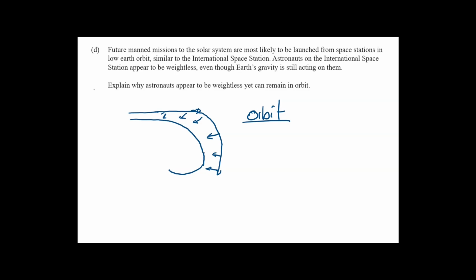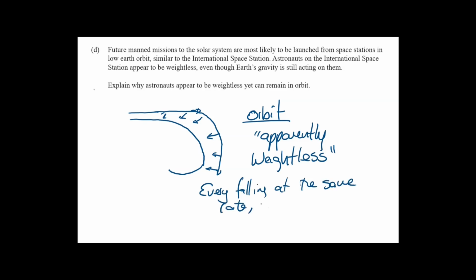It's a little bit tricky to get in there, but as long as that's happening, then you will be apparently weightless. You'll still have the same mass, but because everything is falling at the same rate, it will appear that gravity is not working.